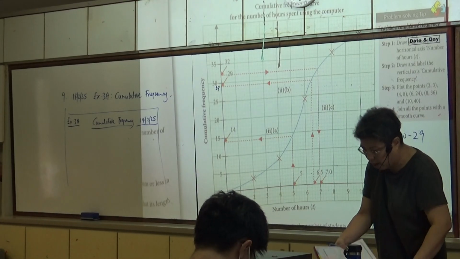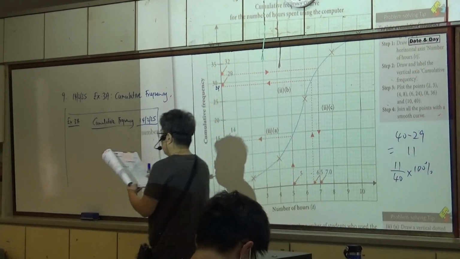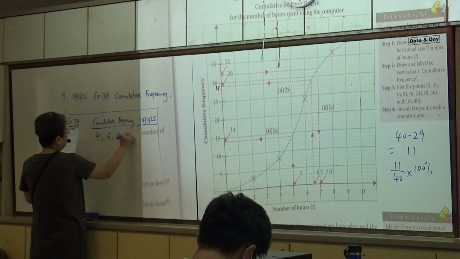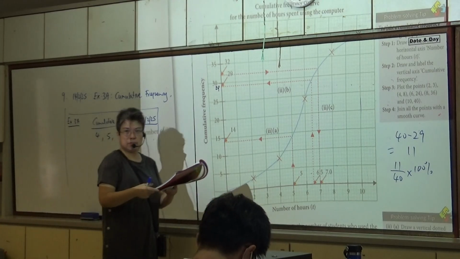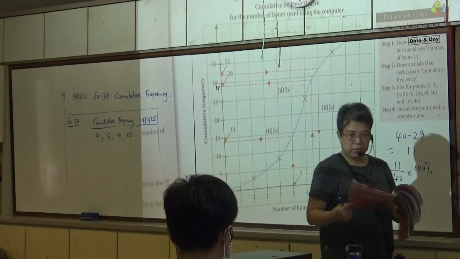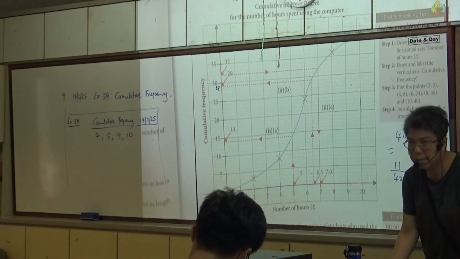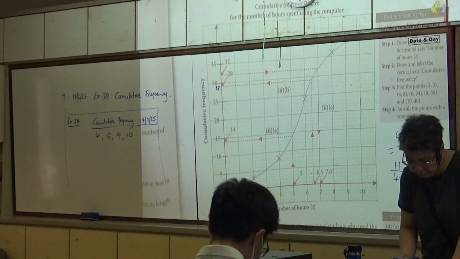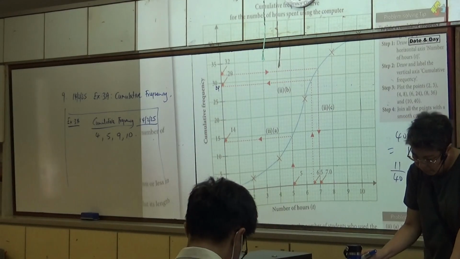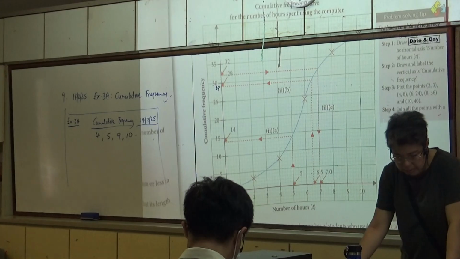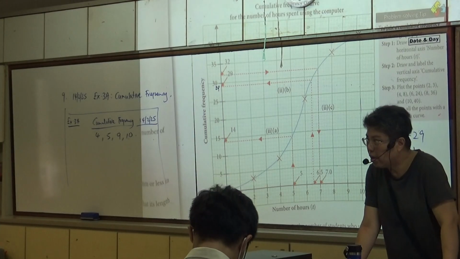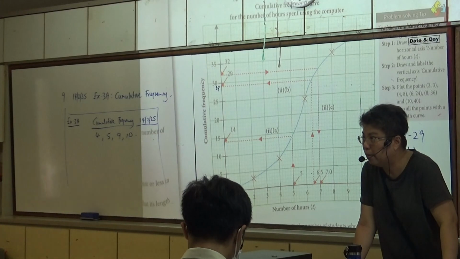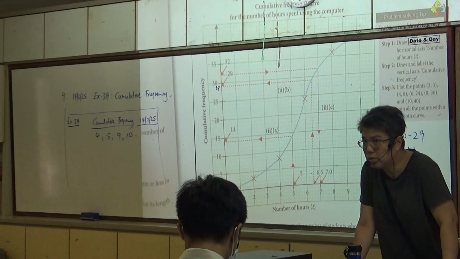I want questions 4, 5, 9 and 10. Is that okay? Those questions that you cannot answer, no need to cry now. We will come back and do it on Monday. Is that understood? Okay, you start your homework.